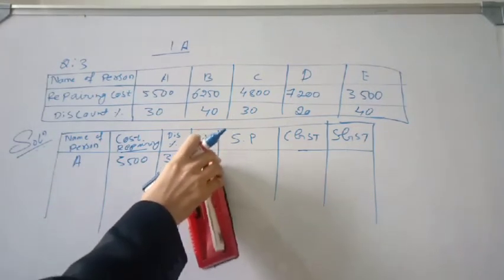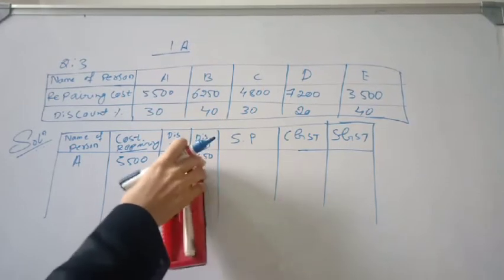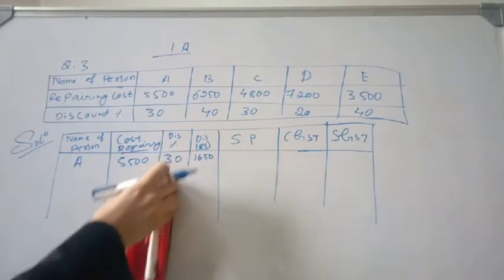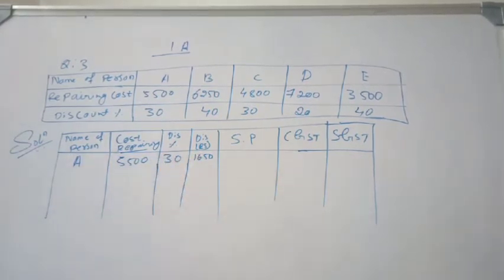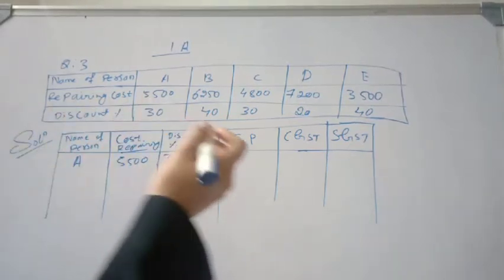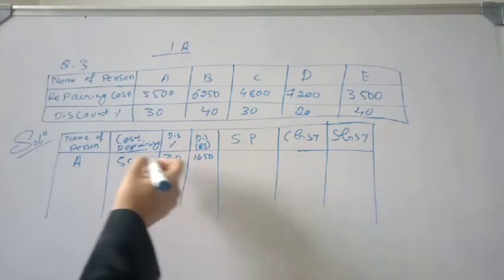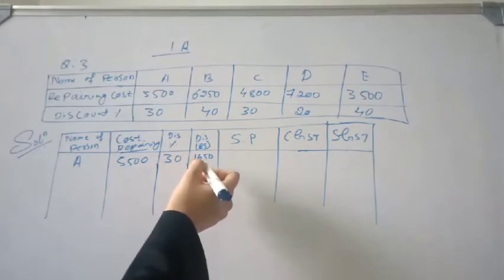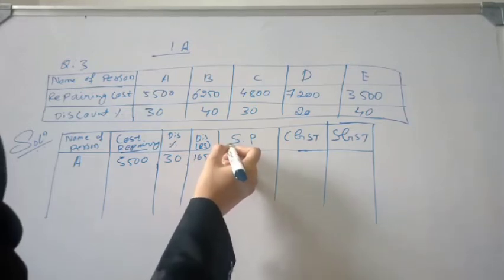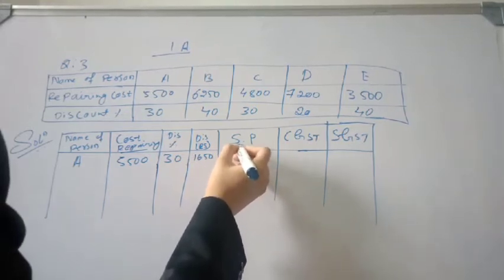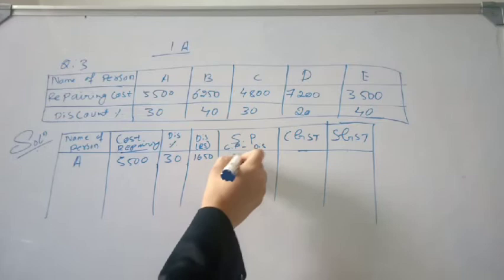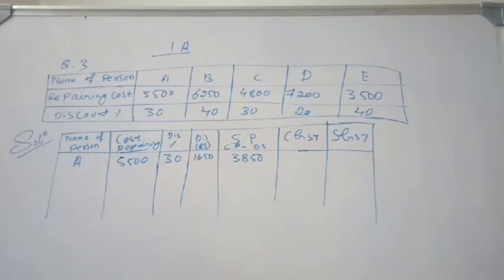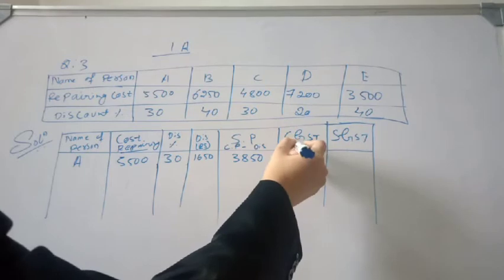Now selling price means repairing cost minus discount. So 5,500 minus 1,650 is 3,850 after discount.